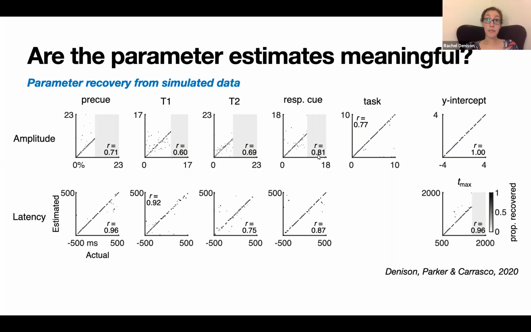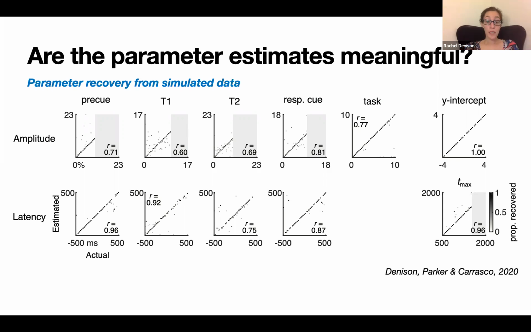Of the amplitude parameters, recovery for T1 and T2 was lowest, likely because these events are quite close together in time. They're 250 milliseconds apart, which may introduce some ambiguity during fitting.